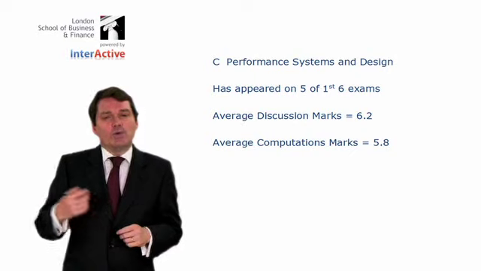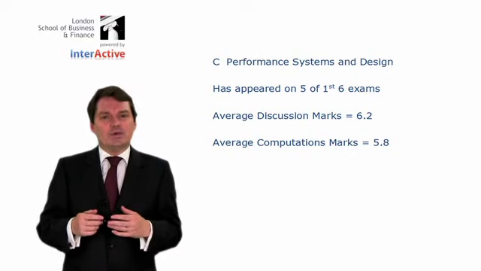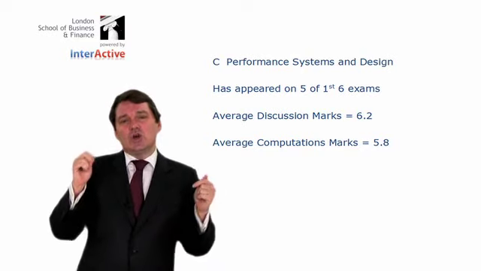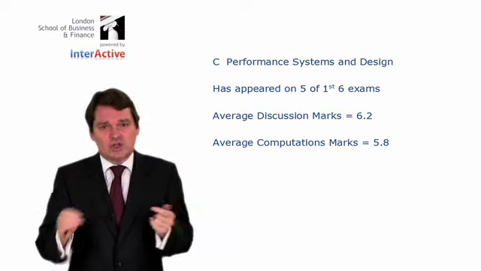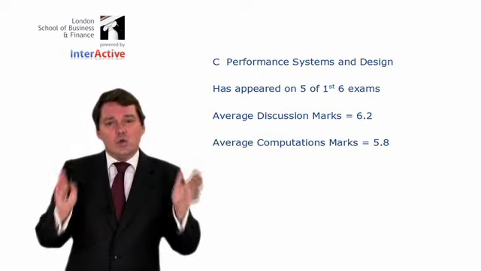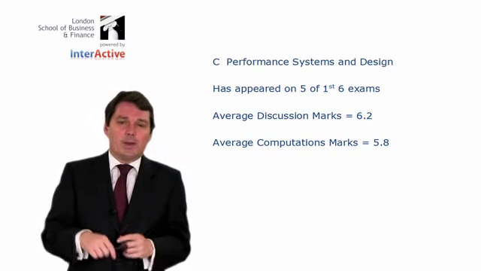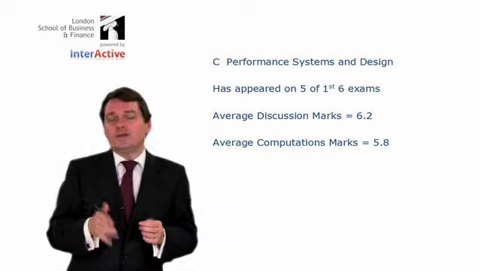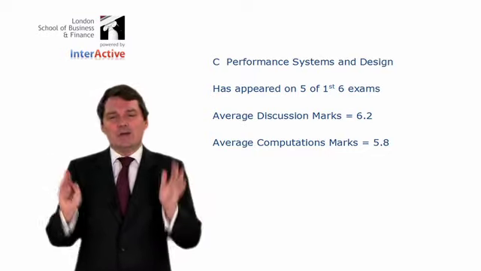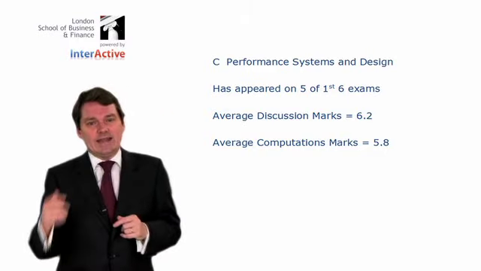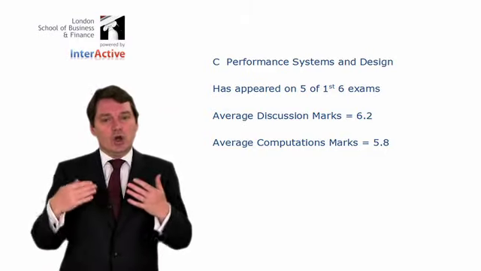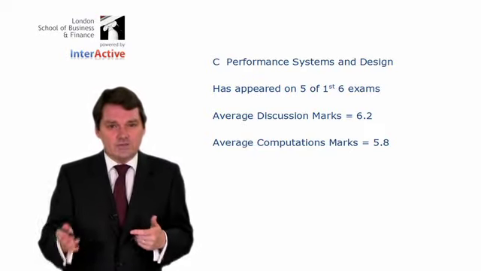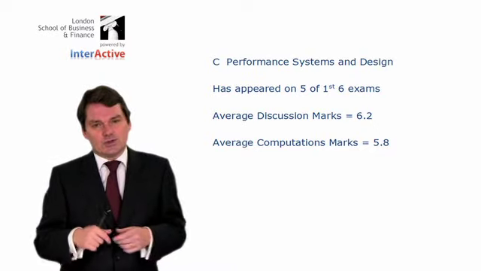Section C, performance systems and design. This is basically about, imagine that you have started your own company. You need to know, obviously, how your company is doing. So one of the things that you will probably do fairly early on is have some kind of method for recording debits and credits so that you can record your receivables, your payables, your inventory, and prepare your financial statements.